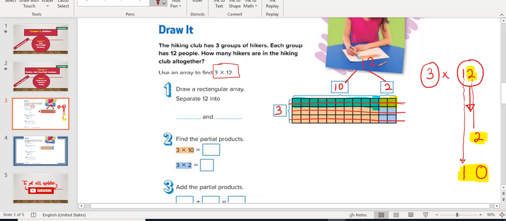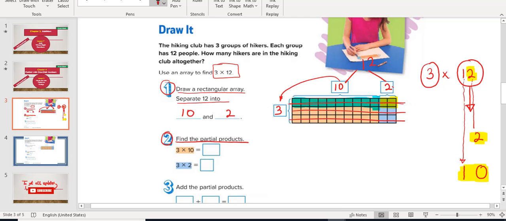Next, our first step says draw a rectangular array, separate 12 into 10 and 2. We've done that. Next, step 2, find the partial product. So each of these numbers you separated into will be used to multiply 3.